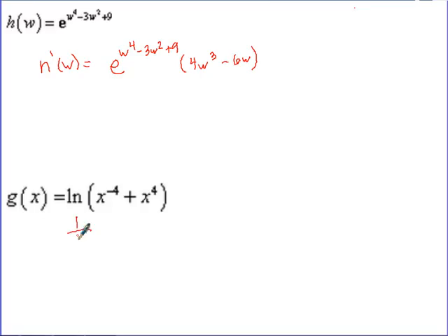It's 1 over, what's the derivative of the outside? 1 over x times the original, x to the negative 4 plus x to the fourth, times negative 4x to the negative 5 plus 4x cubed. Okay, so this gets fun only because of the simplification that has to go on here.